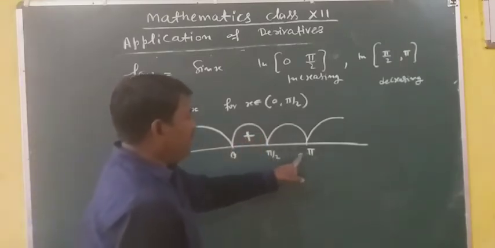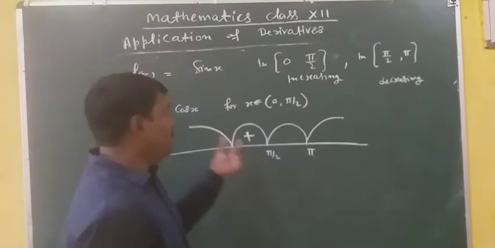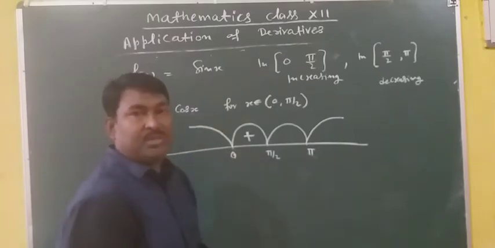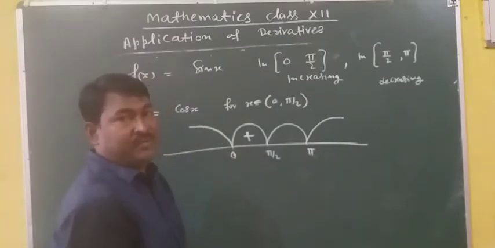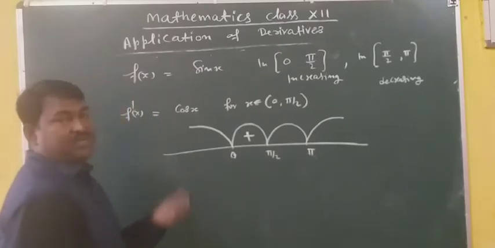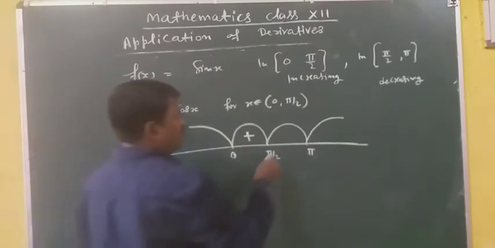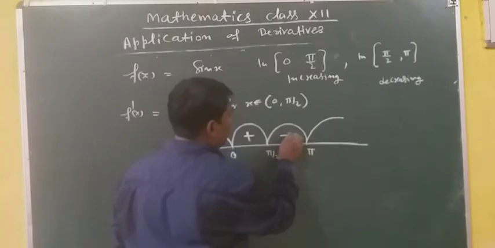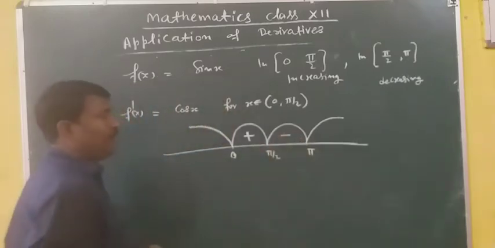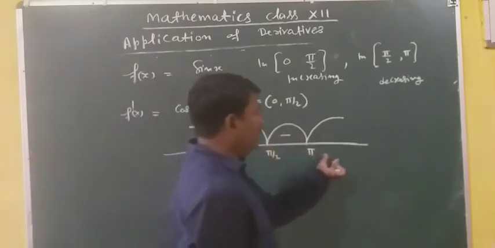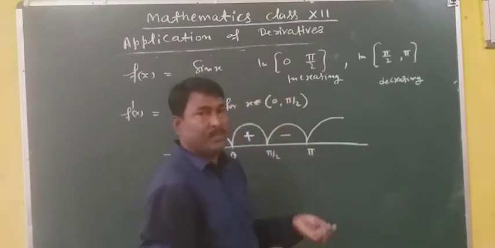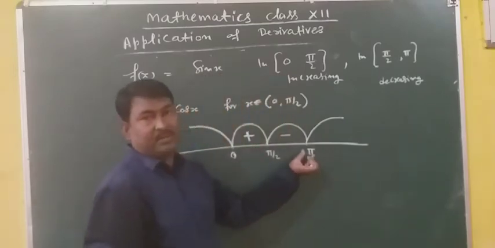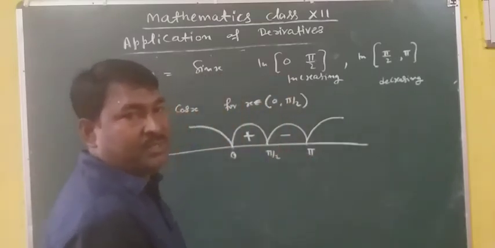For more than pi by 2 and less than pi, theta belongs to the second quadrant. That's why in the second quadrant the value of cos is negative, so it will become negative. What about more than pi, more than pi and less than 270?